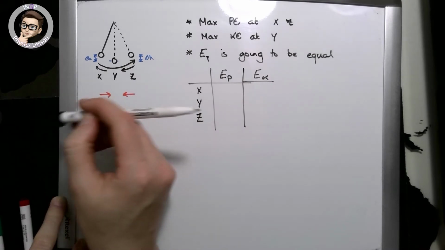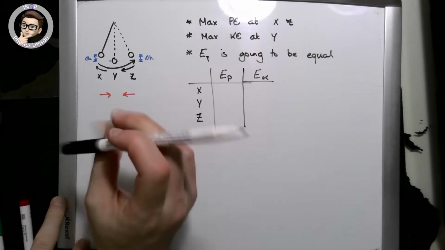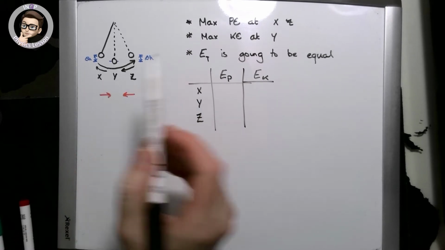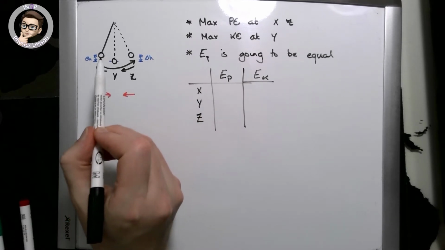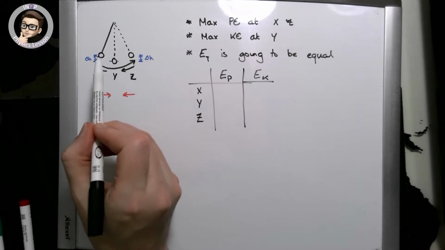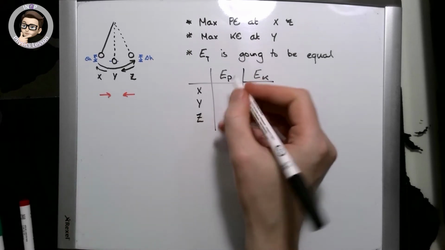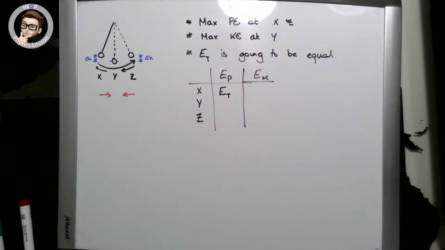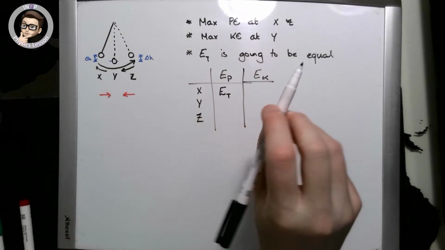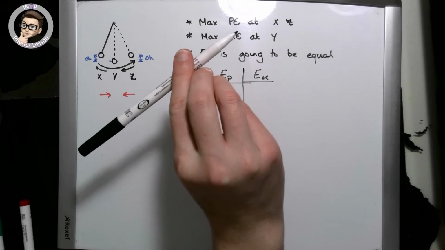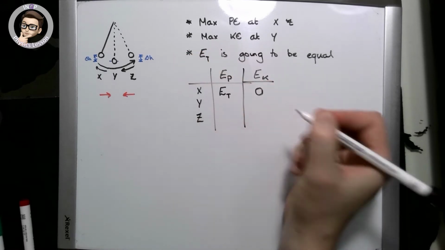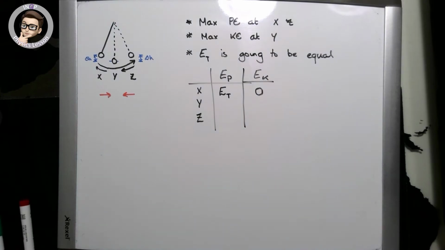Remember, we've got the maximum restoring force back to the center because that's a function of how far we are away from the equilibrium point. So that means that the total energy at this point here must all be in potential energy, so ET. But there's no kinetic energy because remember, we reach that turning point right at the end, it's got to turn around, so there's a point of zero velocity, which means we've got zero kinetic energy.